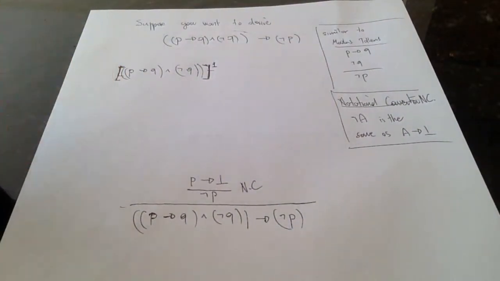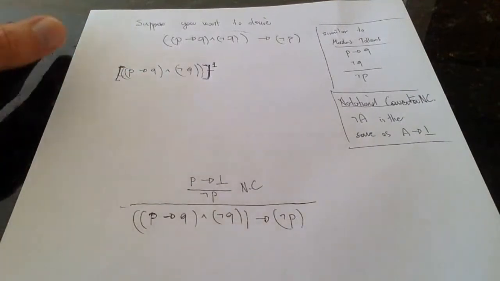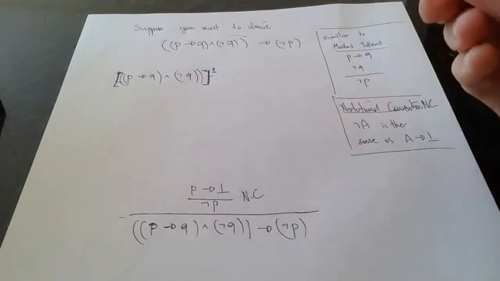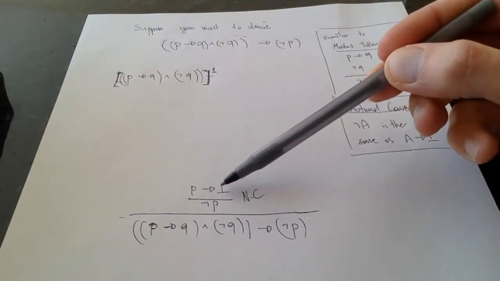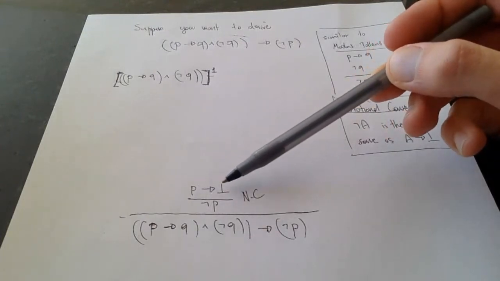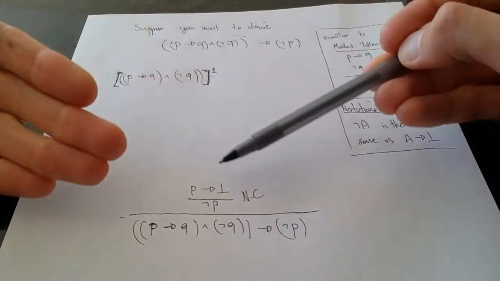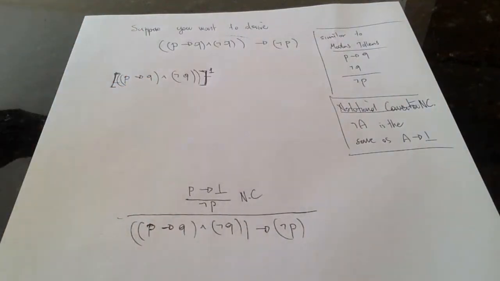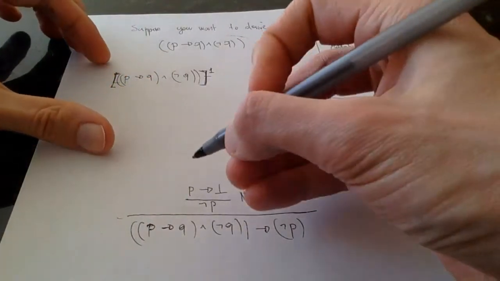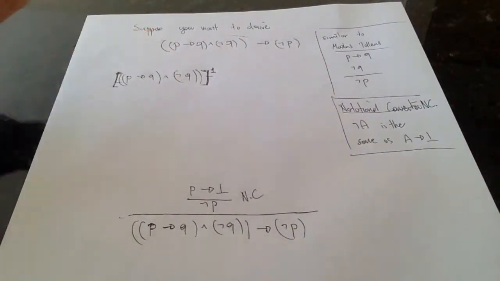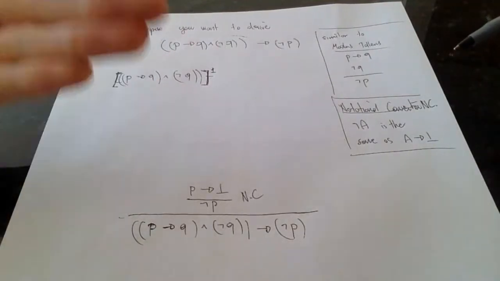Now here there is something interesting because I have an implication. And so my goal now becomes to derive P implies the contradiction from my assumption. Whenever you derive an implication, the rule is to assume the antecedent.